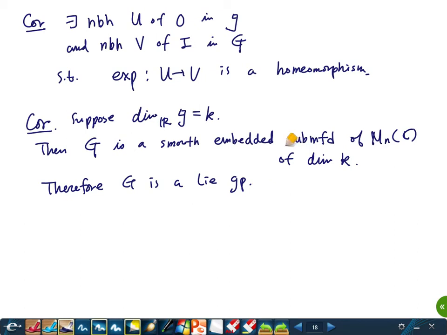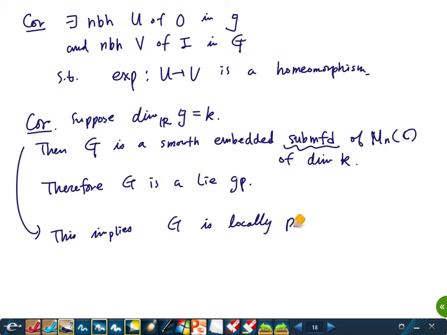So it's a manifold. Manifold means that if you look at it locally, it looks like R^n. So G is locally path connected because it's locally just R^n.